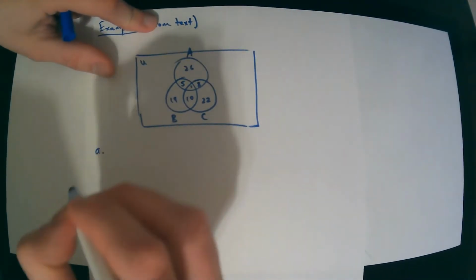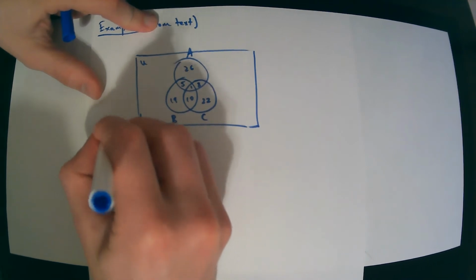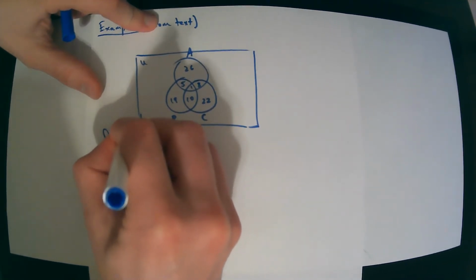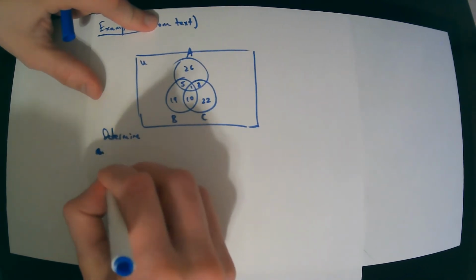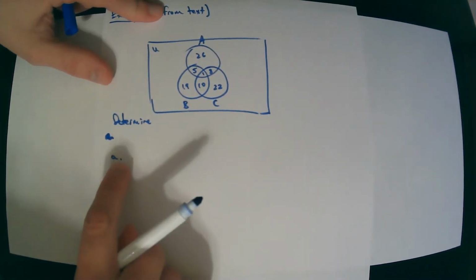Here are the problems. We want to find the cardinal number of each of these sets.